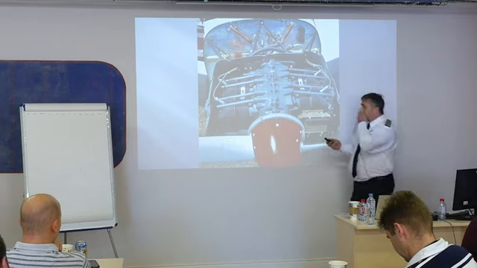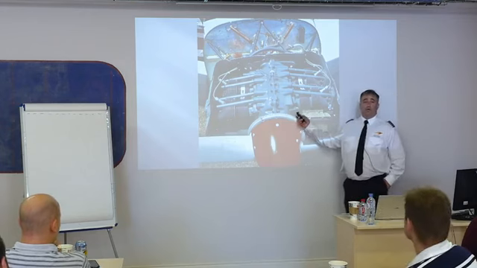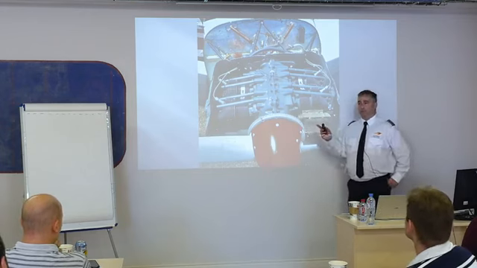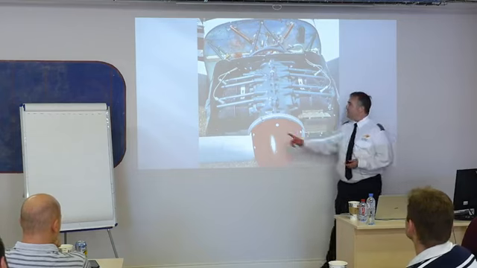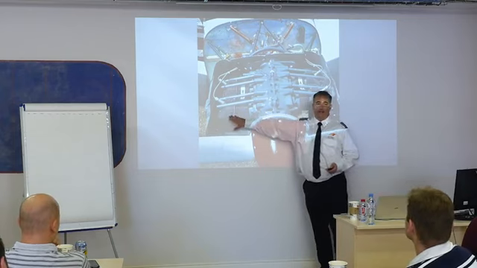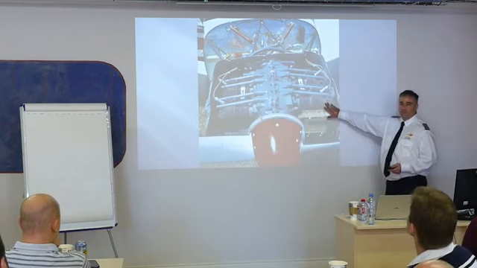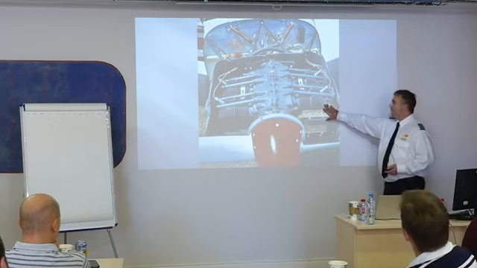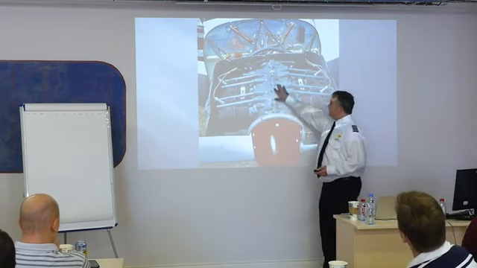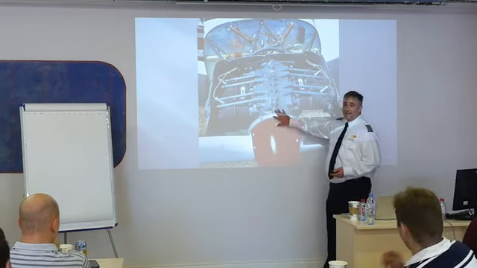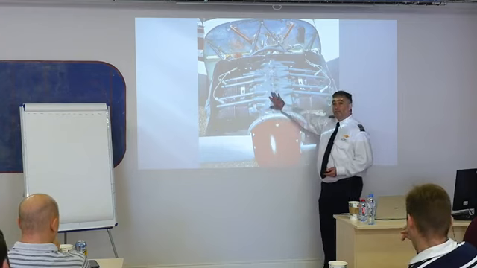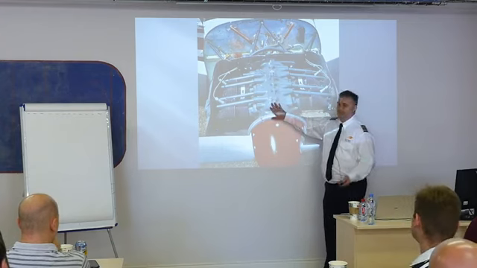All right, this engine is called horizontally opposed, because the cylinders on this side are exactly in line horizontally with the cylinders on this side. Okay? This part of the engine is called the crankcase. Inside the crankcase is a crank.